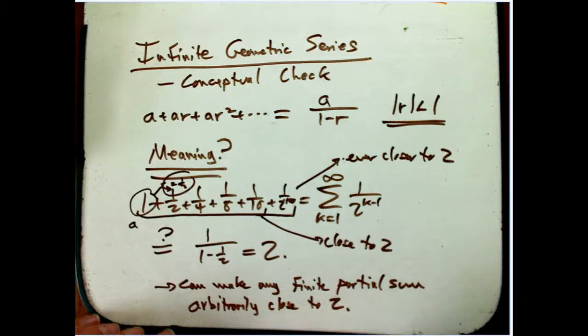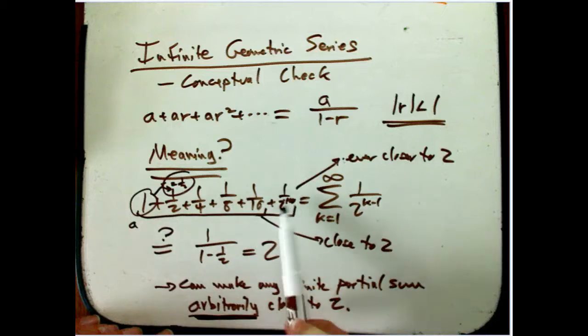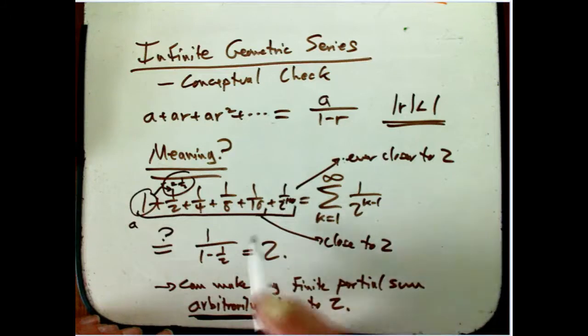Which means a practical way to say this is think about, for your particular application, what kind of accuracy do you need? Do you need 4 decimal places, 12 decimal places, 1,000 decimal places? No matter what you stipulate, we can add enough terms up here and just be less and less lazy to get close enough to 2 to satisfy that. It could be 2 minus 1 over 2 to the millionth if we wanted it.